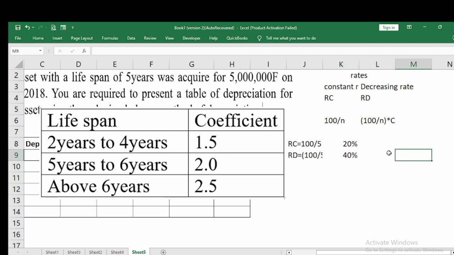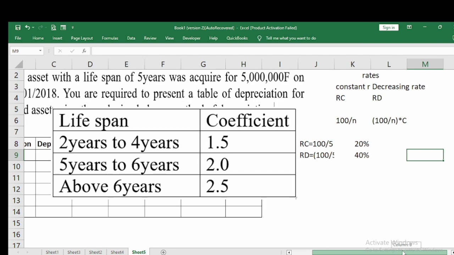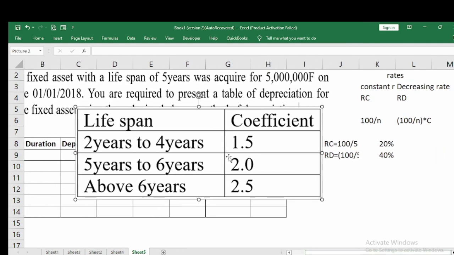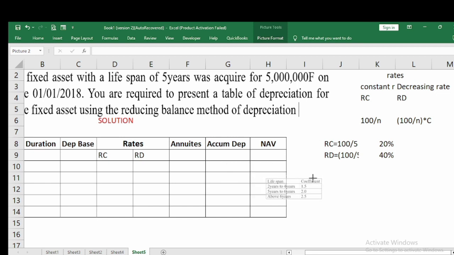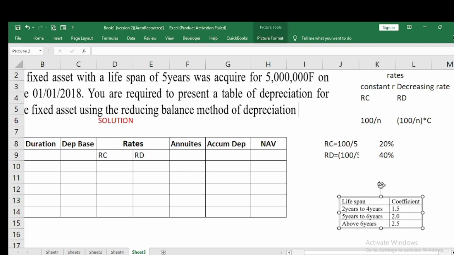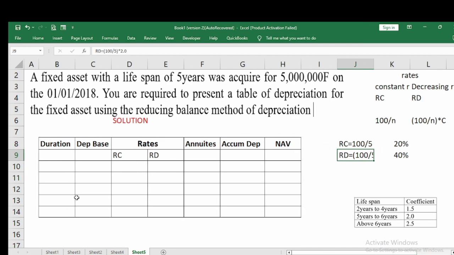We have 20% and 40%, right? So that is that. I'll minimize this.